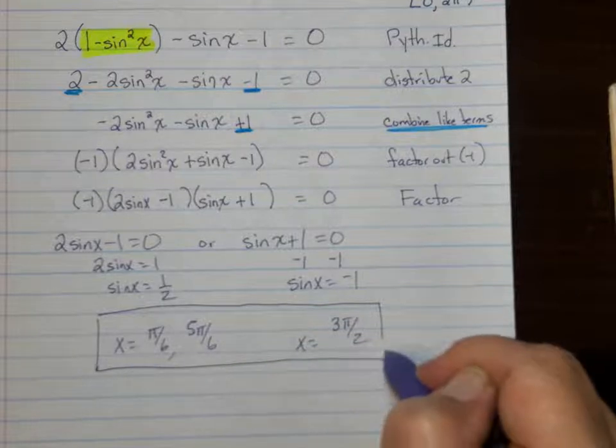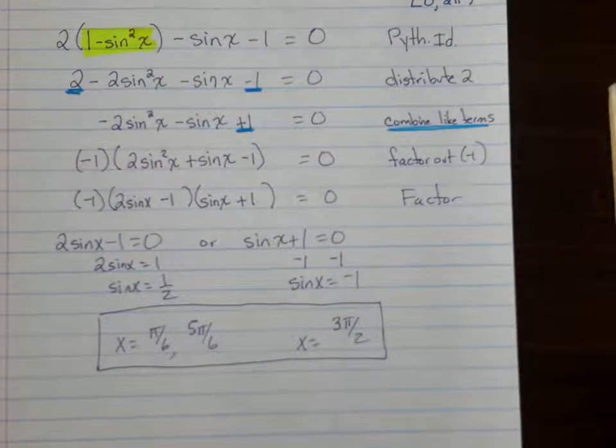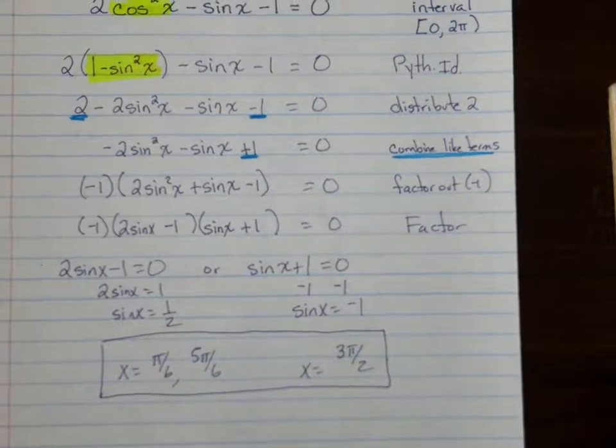So those three values represent the solution to this equation. Alright, anybody have a question about one of those steps?